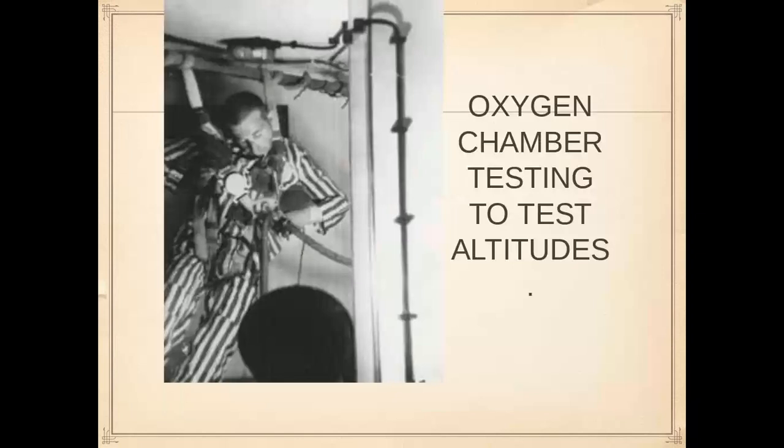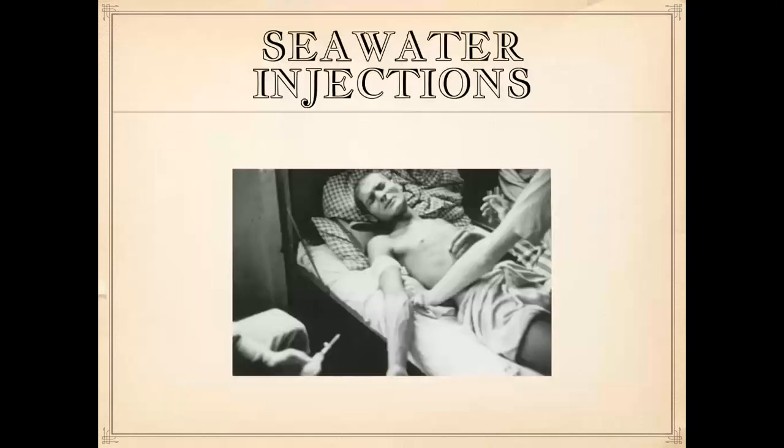They would hook oxygen chambers up to a person and pump air and pressures until basically you died. They would time you to see how long you would last at different altitudes. So that was one experiment.